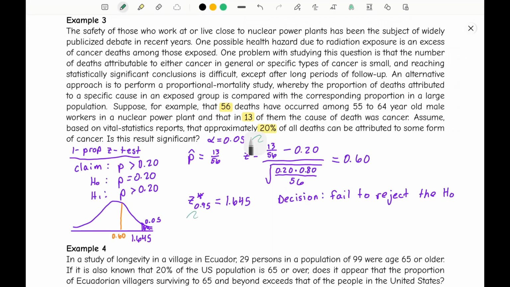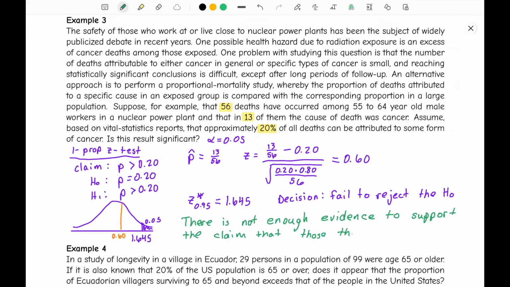So then our conclusion is there is not enough evidence to support the claim that those that work at least at a nuclear power plant experience a higher rate of cancer.